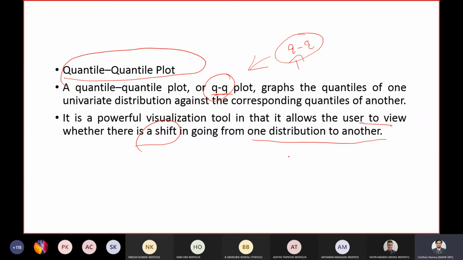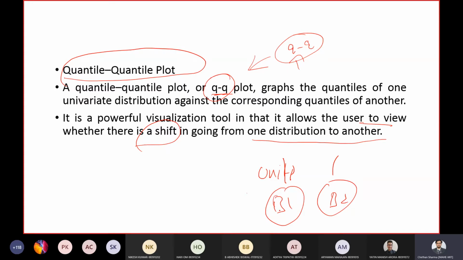Say you have the data of unit price of a particular item sold at two different branches, say B1 and B2, and you want to see whether there is a shift in the unit price, or maybe how the units sold compare between B1 and B2.